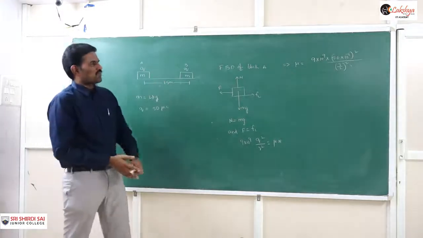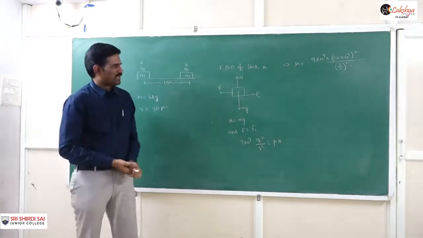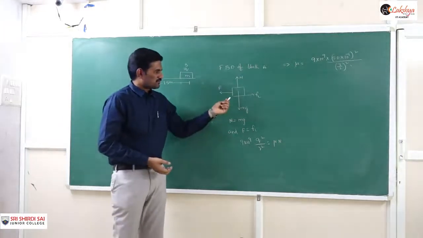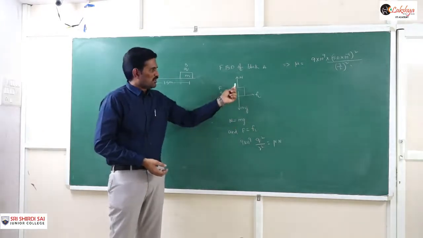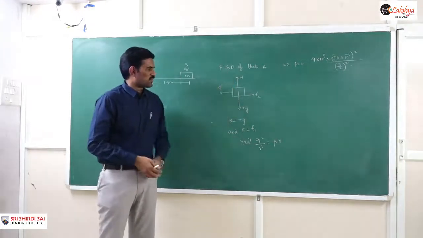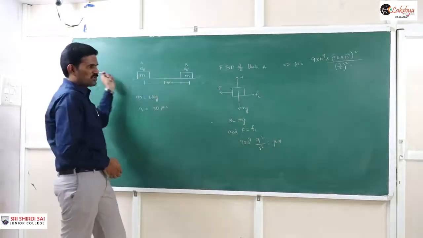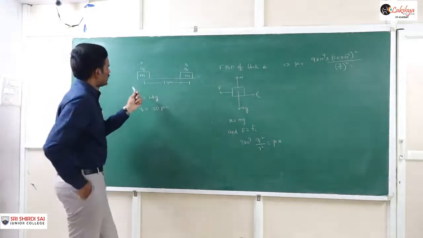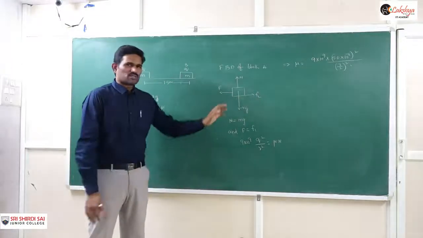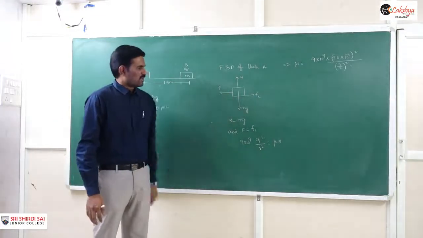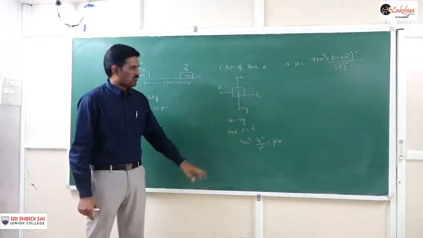Now I am taking the FBD of block A. The forces acting on it: mg in the downward direction, normal reaction from the surface in the upward direction, and the electrostatic repulsive force on block A towards the left. The frictional force will be towards the right, opposite to this force. The body is ready to move, so it is almost in equilibrium.